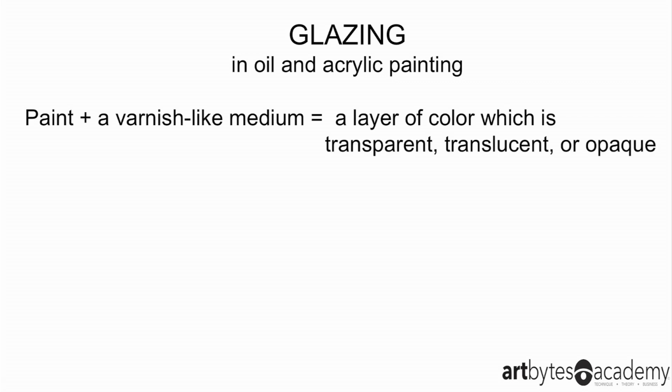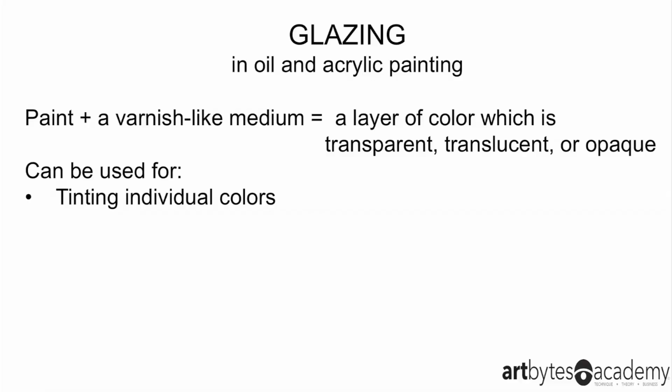Basically it's like looking through a piece of tinted stained glass at the layers below. It doesn't entirely mask the layers below necessarily, but you look through the glaze at them, and it gives you enormous power to orchestrate paintings.